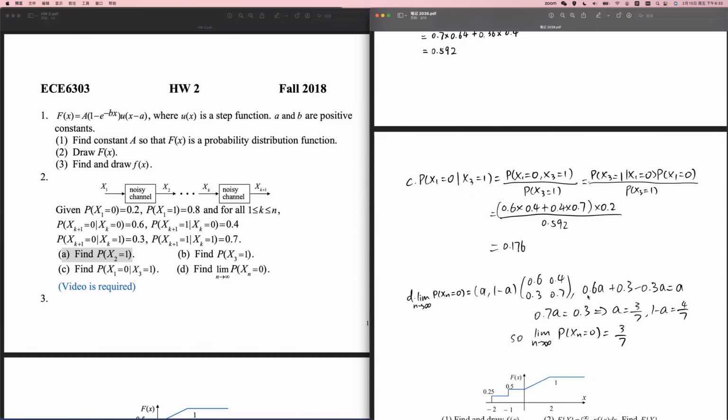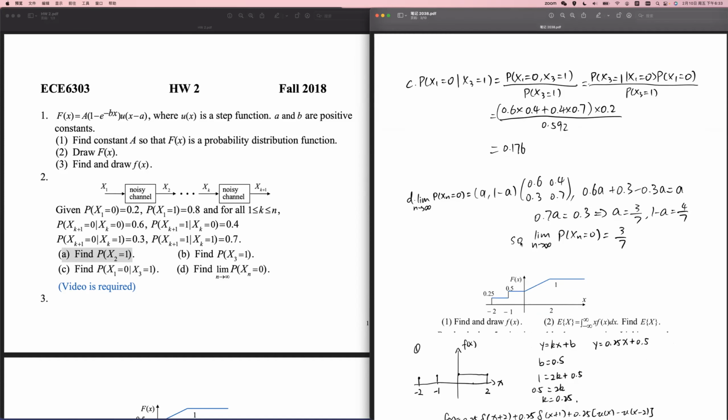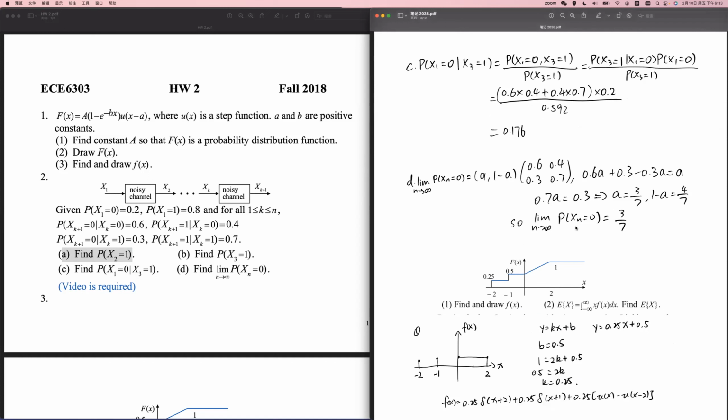Because we know that A times 0.6 plus 1 minus A times 0.3 should equal A, which is the probability of getting 0. So from this formula, we can get A equals 3/7 and 1 minus A is 4/7, which is the probability of xn equals 0 as n goes to infinity.